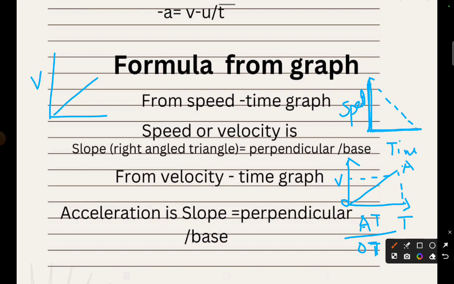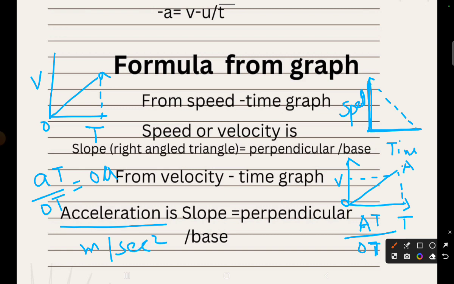This is velocity on the y-axis and t on the x-axis. To find out acceleration, we use this slope OA and we draw dotted lines to find the perpendicular, then AT by OT will give us OA, that is acceleration, and it is always measured in meter per second square.